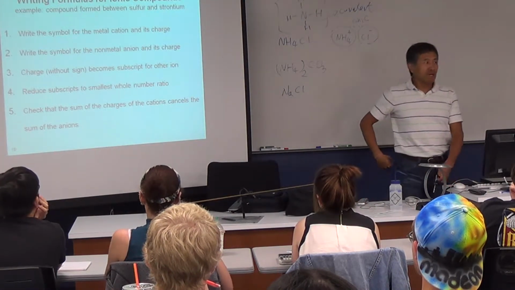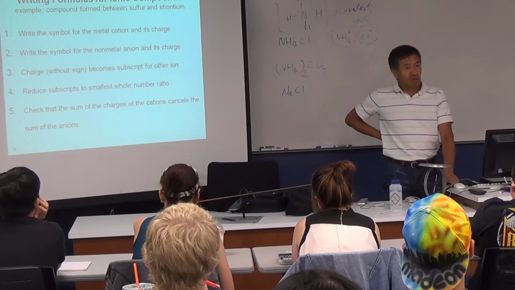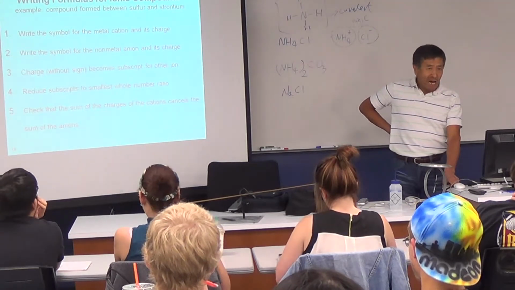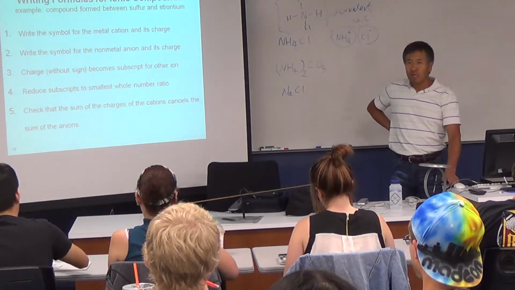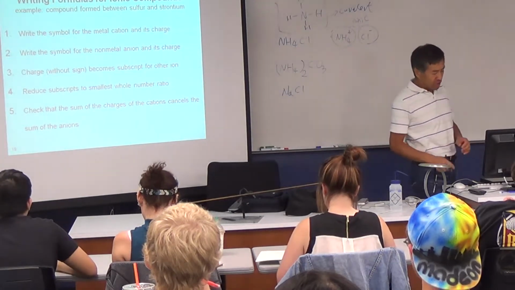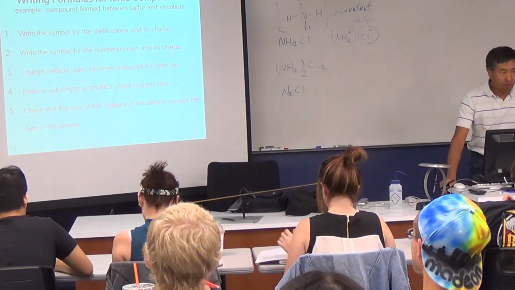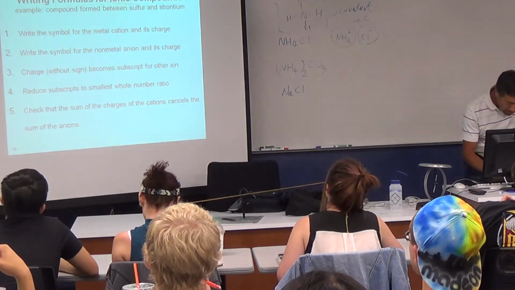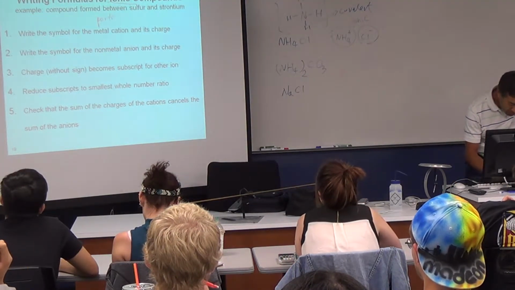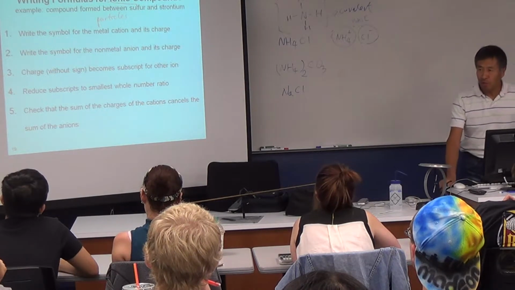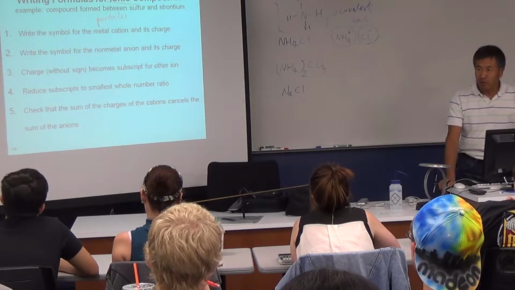Now let's begin a new topic: writing a formula for the ionic compound. If you have an ionic compound, what do you know for sure is in it? What kind of particle is in your ionic compound? Metal or non-metal.